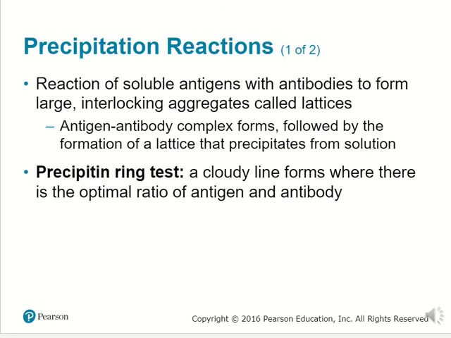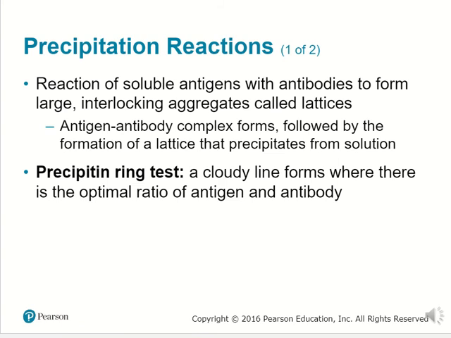And there are precipitation reactions, which are reactions of soluble antigens with antibodies to form large interlocking aggregates called lattices. An antigen-antibody combination forms, followed by the formation of this lattice that precipitates or crashes out of solution and forms a solid, so it's no longer dissolved.